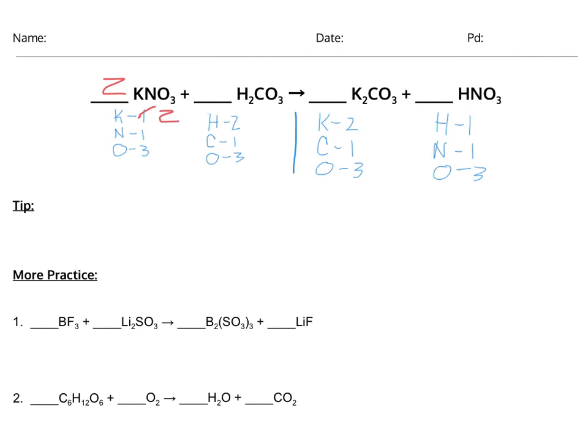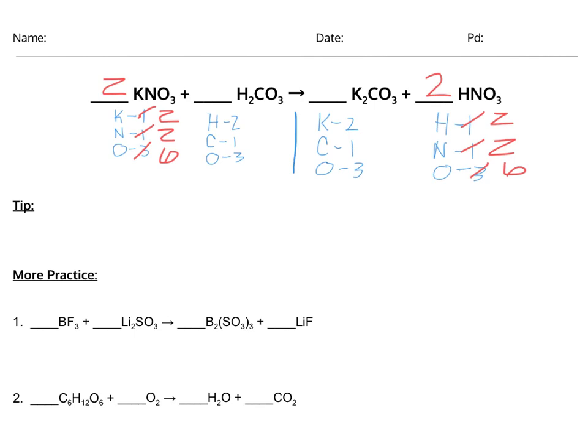So that's going to change that to 2, this to 2, and this to 6. So now my potassiums are good, my nitrogens are not. So the next thing I'm going to do is fix my nitrogens. So I'm going to go over here on the right side, and I'm going to put a 2 over there. That gives me 2 hydrogens, 2 nitrogens, and 6 oxygens.